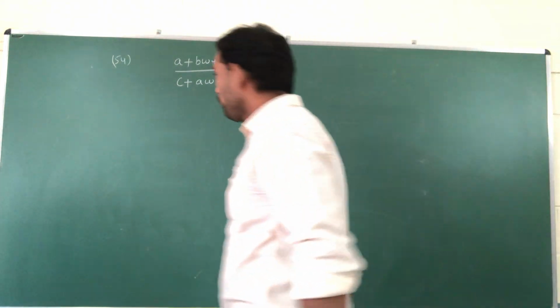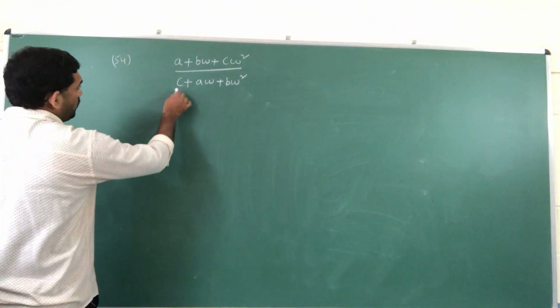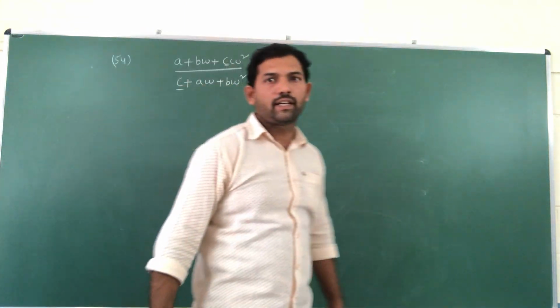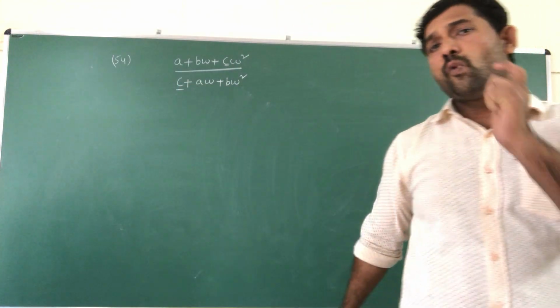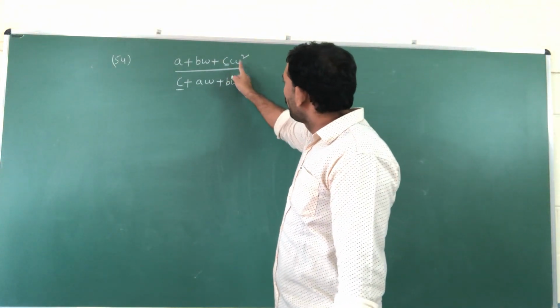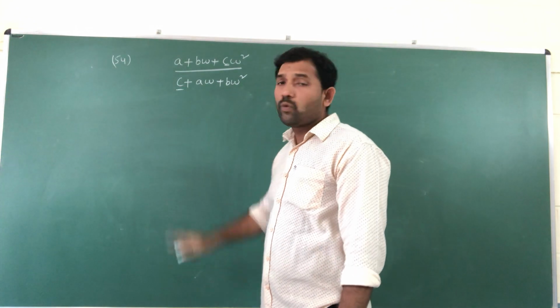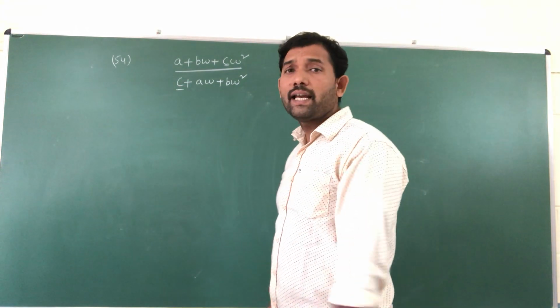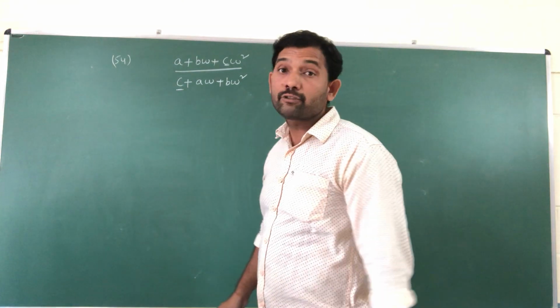This value we are going to simplify. You have to take any one term and compare the numerator and denominator values. Here cω² is there, here only c is there. So I will multiply and divide it with ω².